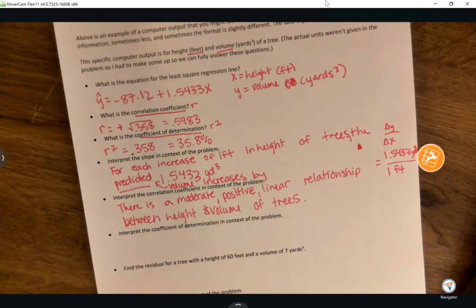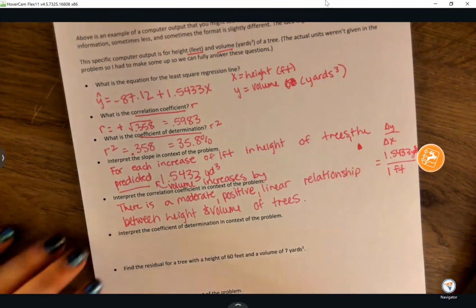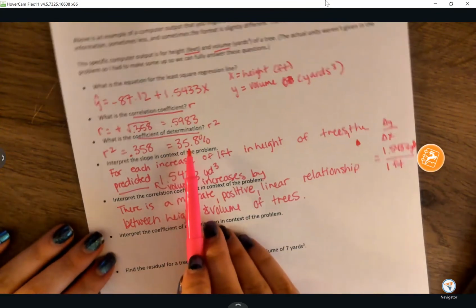Interpret the coefficient of determination in context of the problem. So it's R squared, it's 35.8%.